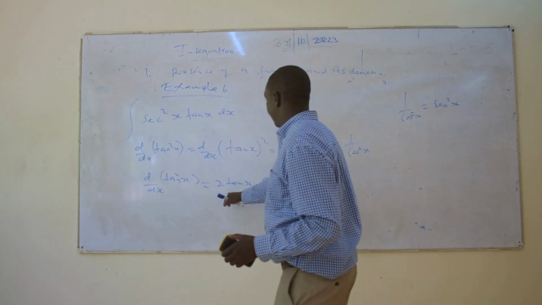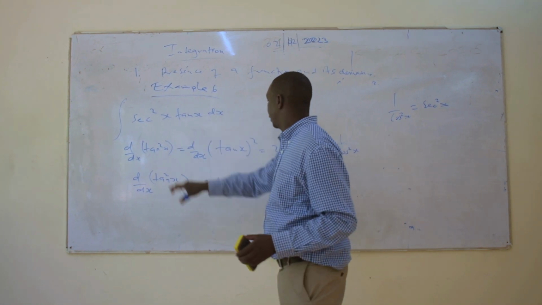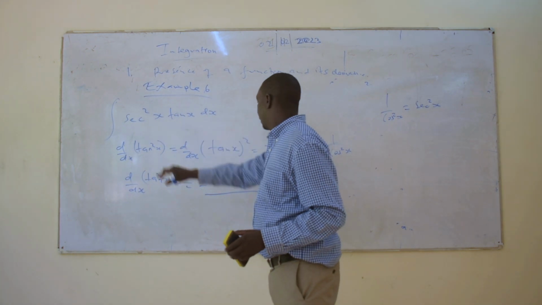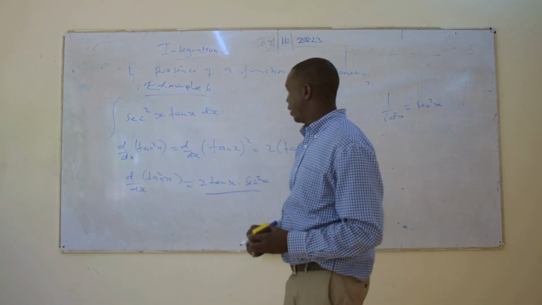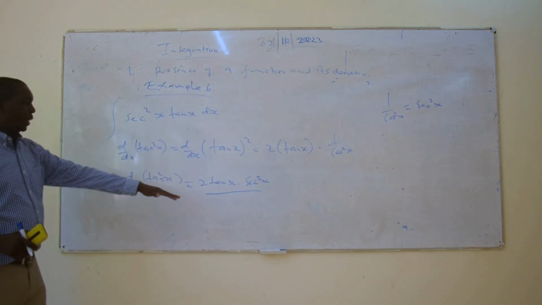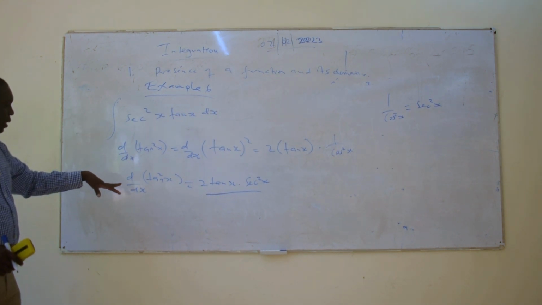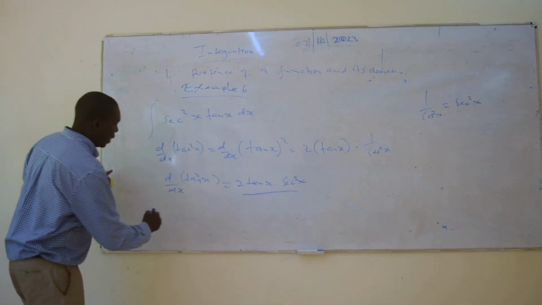Now there is a similarity between our answer and the integrand, because there is sec squared x, tan x and tan x. The only difference is 2. Therefore, to make it exact, we need to divide the derivative by 2.